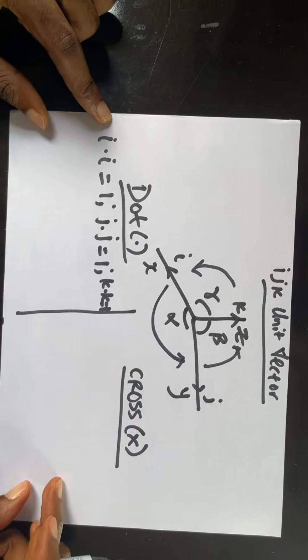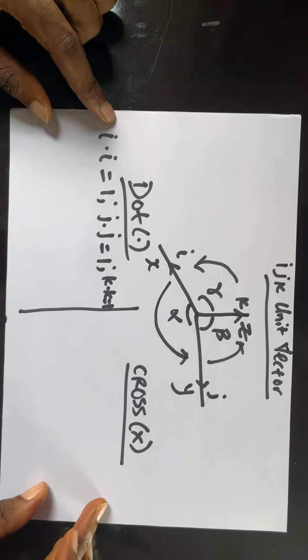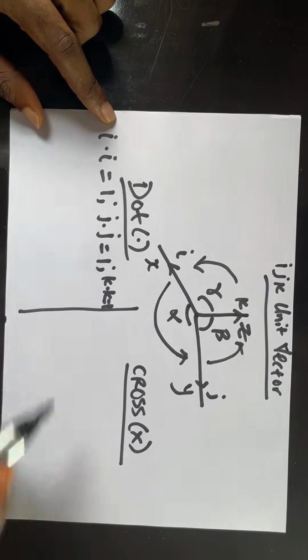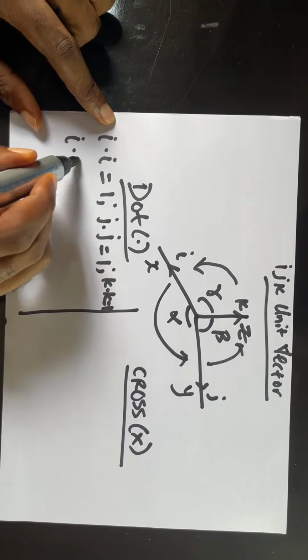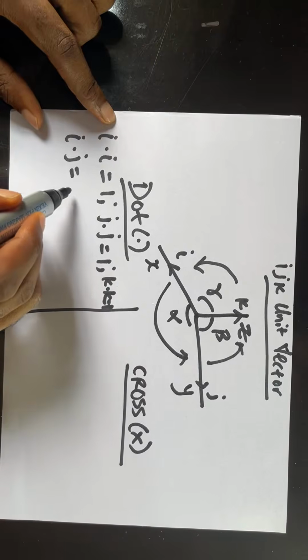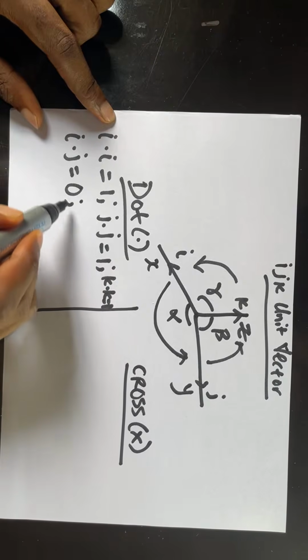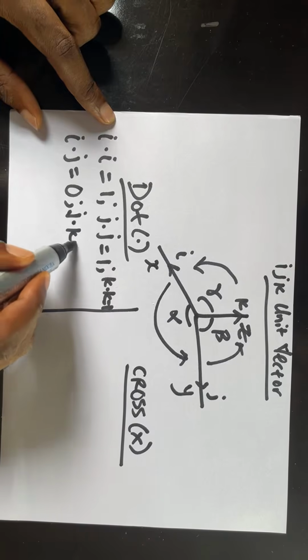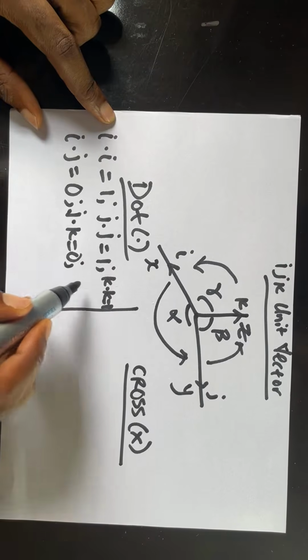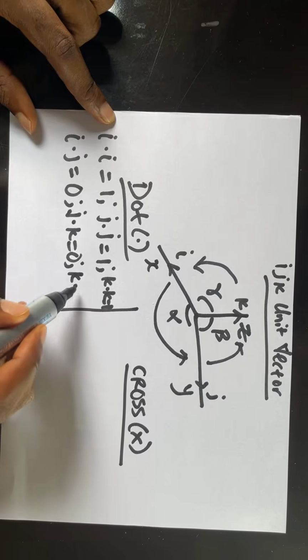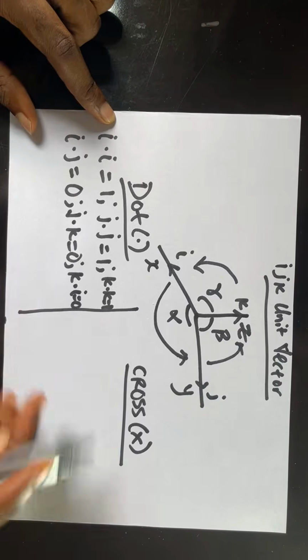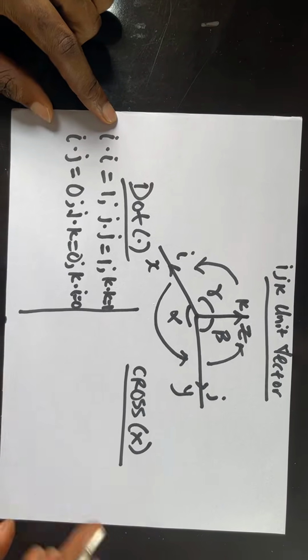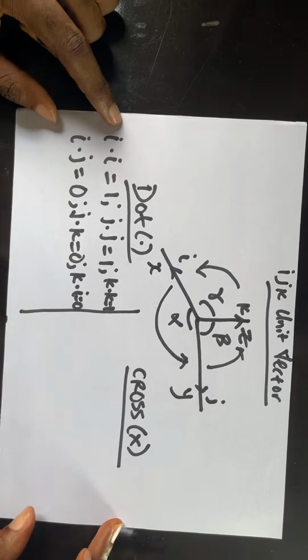That's the first rule. The second rule was I dot J is equal to 0, J dot K is equal to 0, and K dot I is equal to 0.